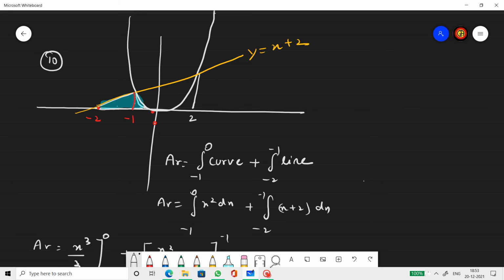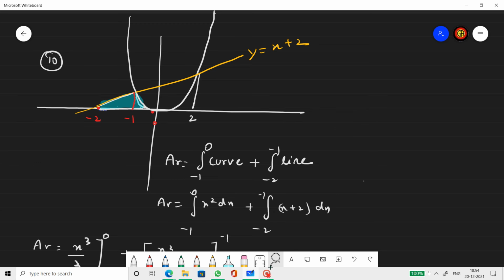But then the area is enclosed by the line, curve and the x-axis. So we should not take this area because this is bounded only by the line and the parabola, not by the x-axis. So we have to look for the area which is enclosed by the x-axis also, which means the x-axis stands as a boundary.